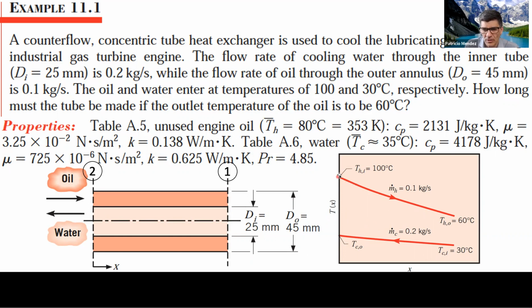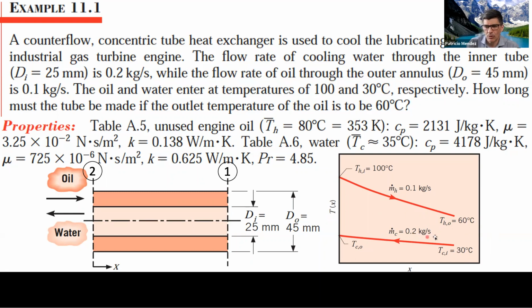Here is our oil that comes at 100 degrees C. This is our process fluid, and we want it at 60 degrees C. We know we have water at 30 degrees C. And in this case, they're giving us the flow rates. Typically, a flow rate of oil we wouldn't control because it's part of the process.